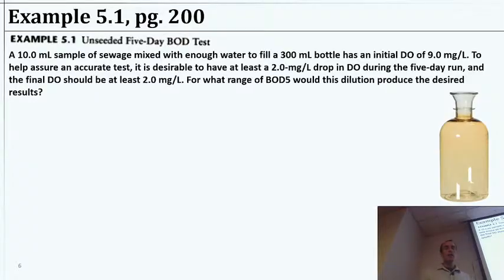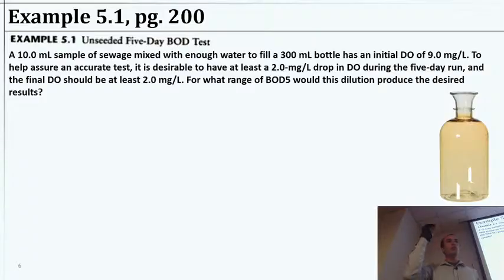Let's take a 10 milliliter sample of sewage mixed with enough water to fill a 300 milliliter bottle. It has an initial DO of 9 milligrams per liter. And to help assure an accurate test, it is desirable to have at least 2 milligrams per liter drop. Our DO sensors might not be perfectly accurate, so we want to make sure it drops more than just a tiny bit.